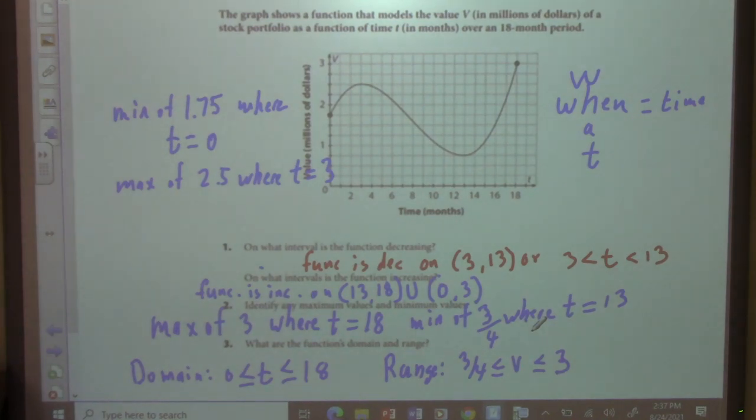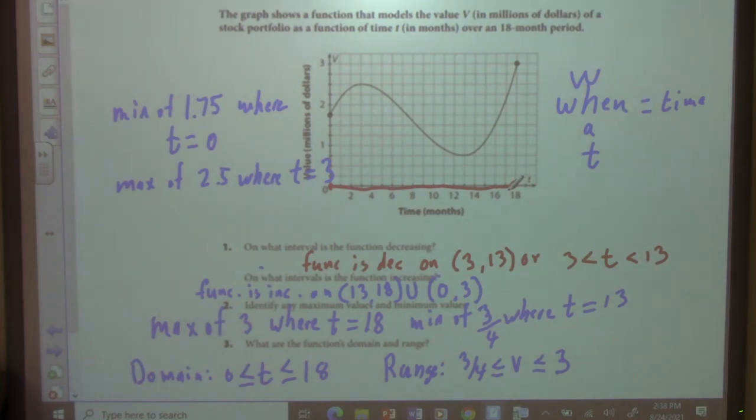Where's the 0 from? Okay, let me tell you one thing that we talked about. In finding domain and range, you take the graph of the thing and it's like smashing the graph up against the x-axis. You take this whole thing and collapse it down to the x-axis. So you're starting here and going all the way to here, collapsed along the x-axis. So the x values, Charlie said x, but here it's t. You're starting at 0, going all the way to t equals 18.